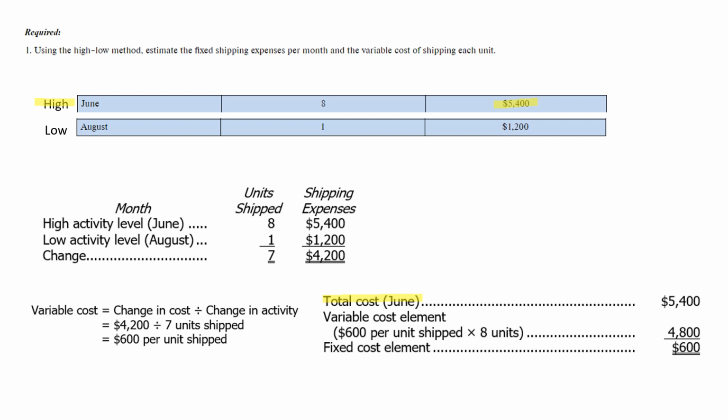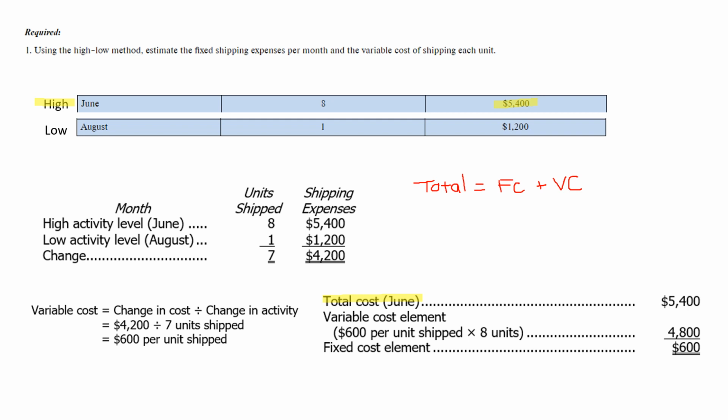If you remember our formula before we get too far, our total cost is going to equal our fixed cost plus our variable cost. And we know our total variable cost is our variable cost per unit times the number of units we're looking at.